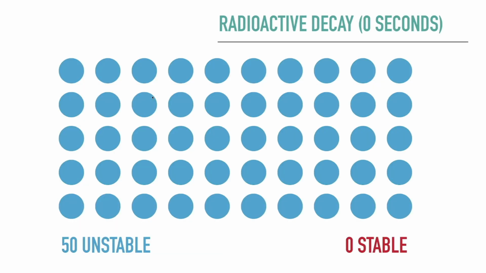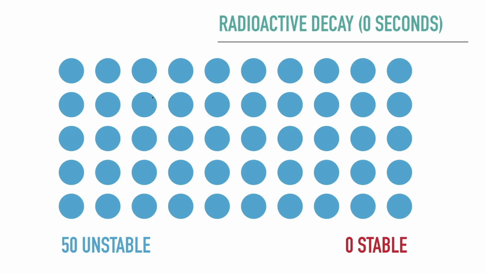And I have here, it's a model, obviously, but let's say we've got 50 unstable isotopes. Let's pretend that this is a big bit of uranium and we're looking at a small part of it, and there's 50 unstable isotopes in that uranium.